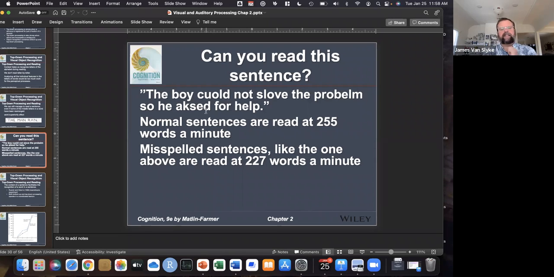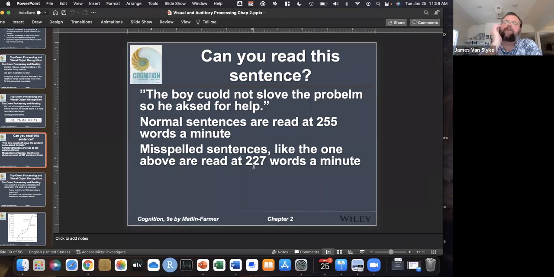What's interesting is normal sentences that don't have these spelling mistakes are read at about 250 words per minute. But even when you have misspelled sentences, you're still at 227 words a minute.